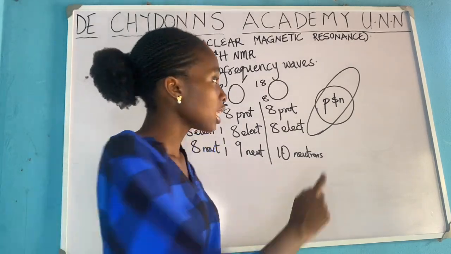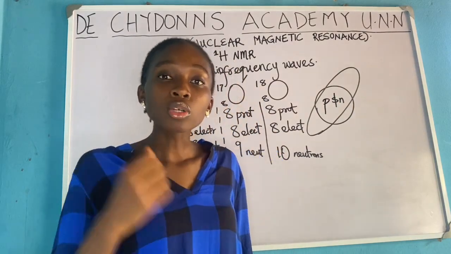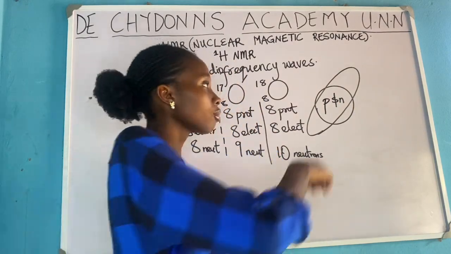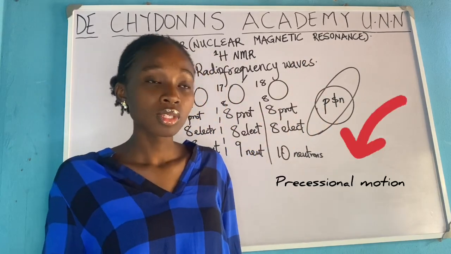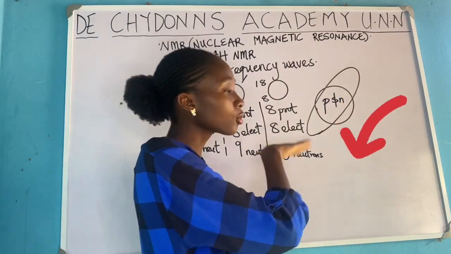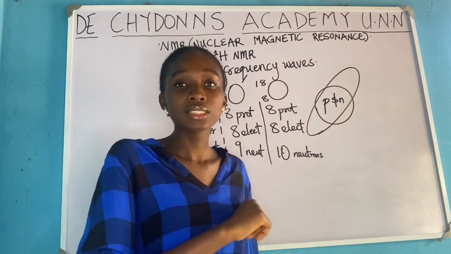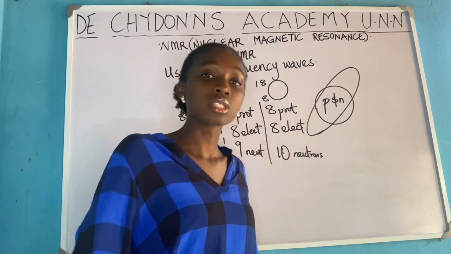Electrons move around along a particular orbital. Protons also move around along a particular orbital inside the nucleus, and this motion is called precessional motion. So electrons have electronic motion outside, and protons have precessional motion inside. The neutrons are also there to balance the spin of the protons.